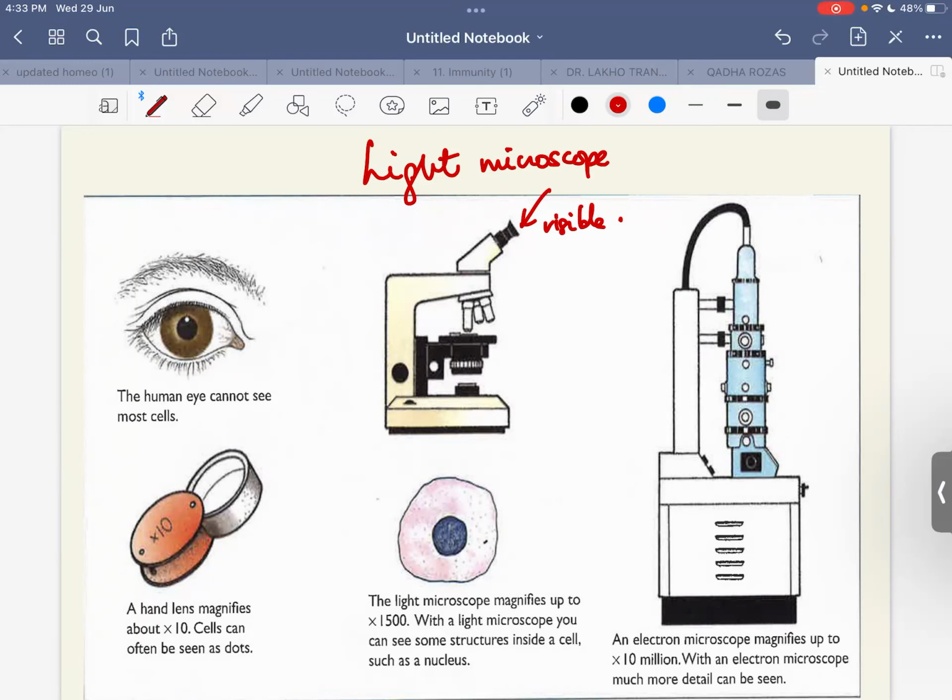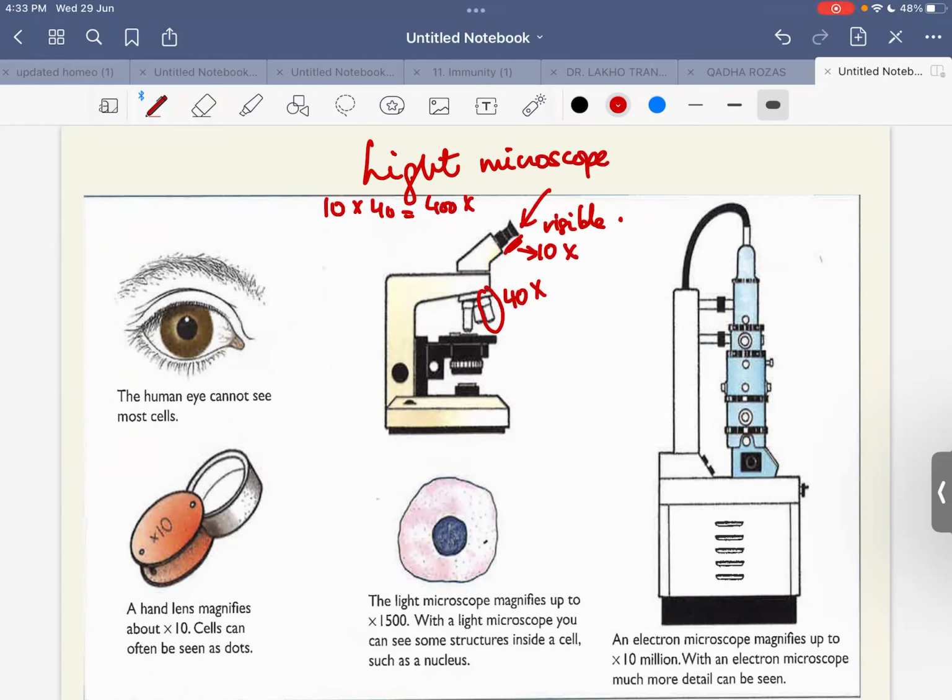And we use different kinds of lenses depending upon their magnification. Let's say the lens which I have used over here gives a magnification of 10 times. And this lens which I'm using over here gives a magnification of 40 times. So 10 into 40 will be equal to 400 times magnification.